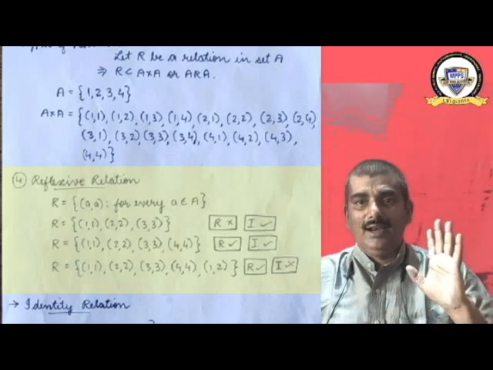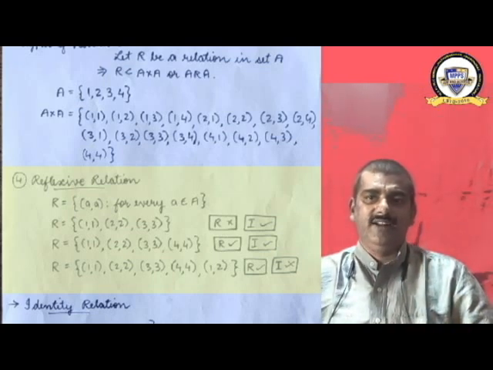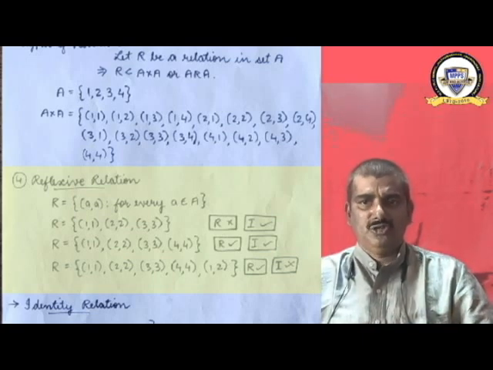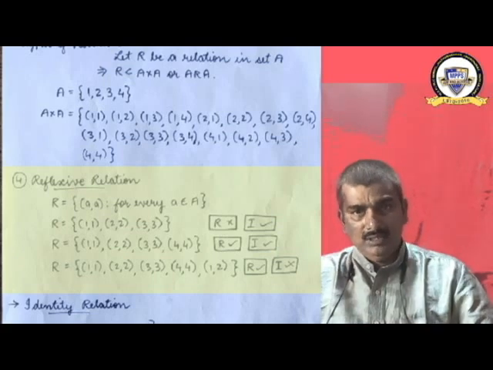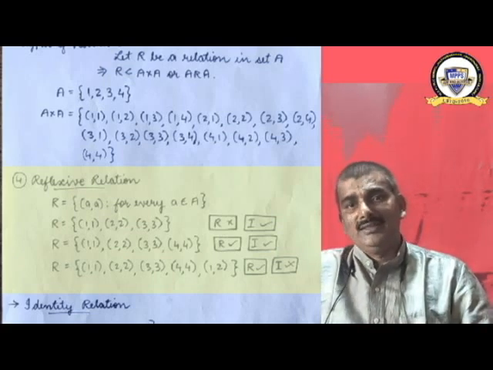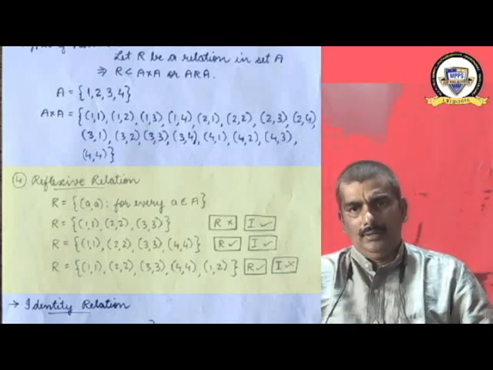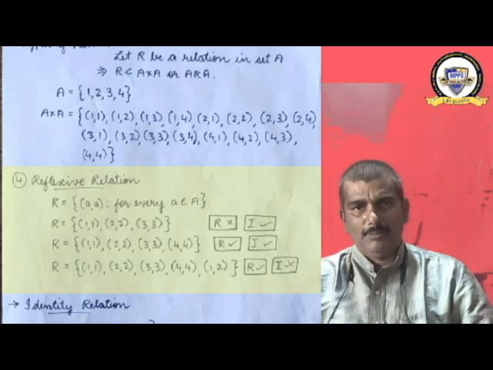These are the three types of relations which we have to concentrate upon. Students should pay much more attention here from the examination point of view. This much I explained is for your knowledge, for your good awareness, for that purpose only.